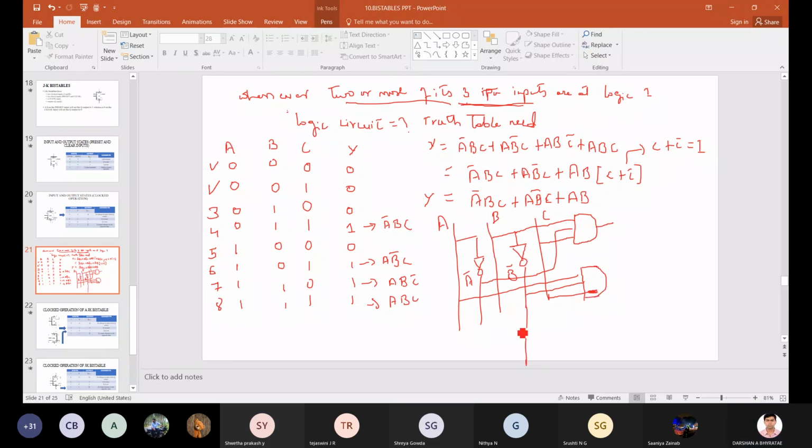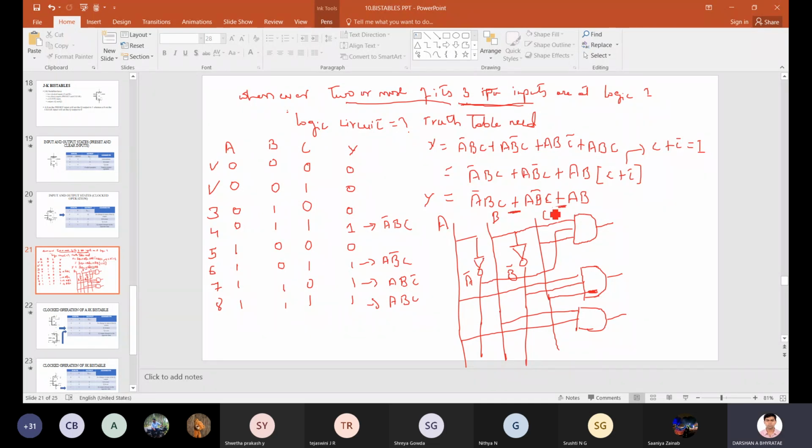And next, the final expression is what? AB. This is A, B, again a 2-input AND gate here. Next, what do I have to do? I am getting all the outputs of the AND gates. Finally, I have the logical OR operation.